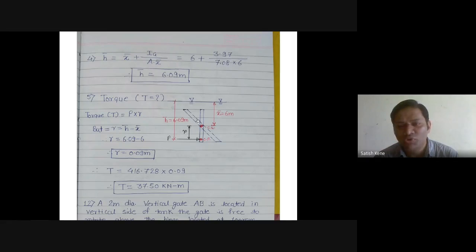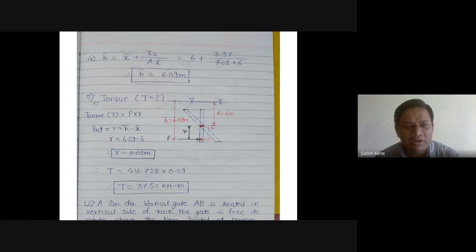I am showing here, this is the movement of the plate due to this pressure force P, means we have to apply some opposite torque to maintain stable condition. So we have to calculate initially R bar, the R distance. H bar is 6.09 and X bar is 6, means 6.09 minus 6 is nothing but the value of R.